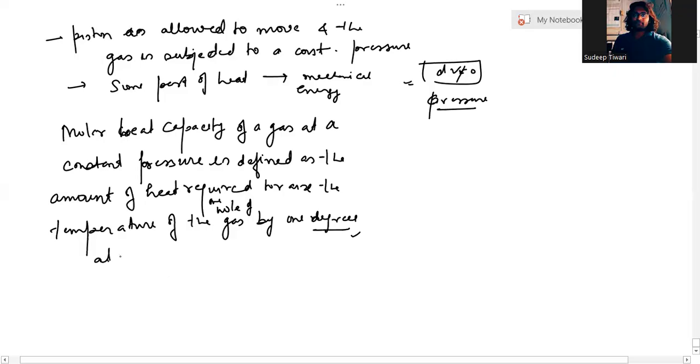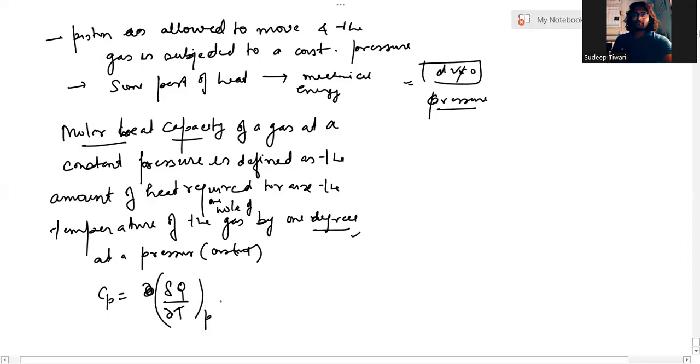So the molar heat capacity at a constant pressure is defined as the amount of heat required to raise the temperature of 1 mole of gas by 1 degree Celsius. Then it will be equal to delta Q by del T at a constant pressure.